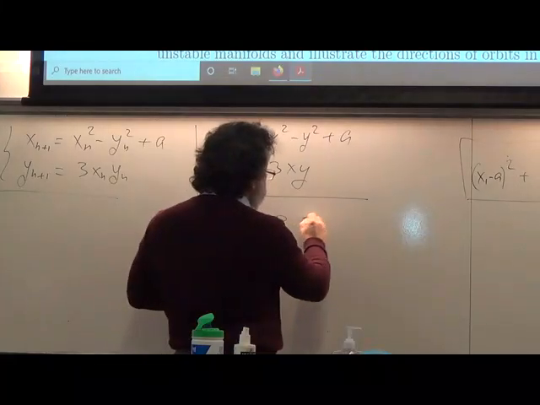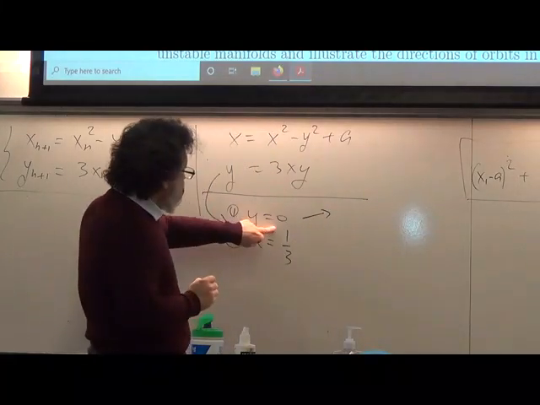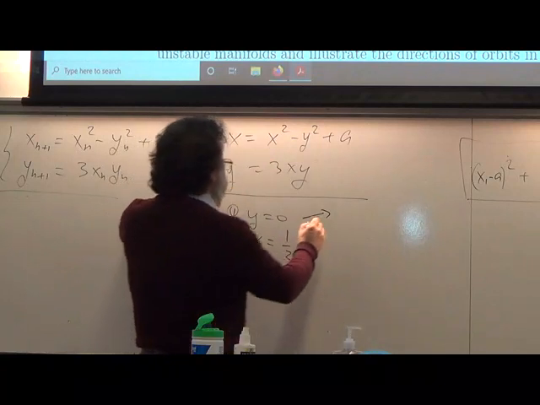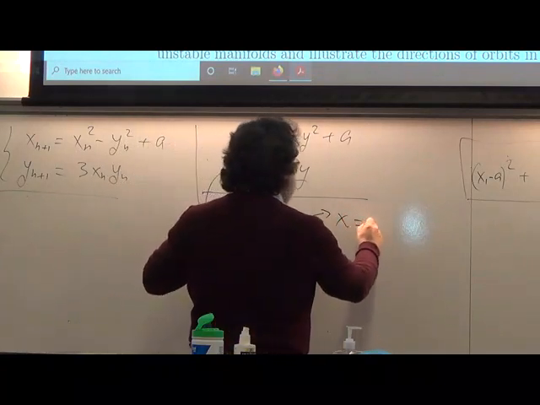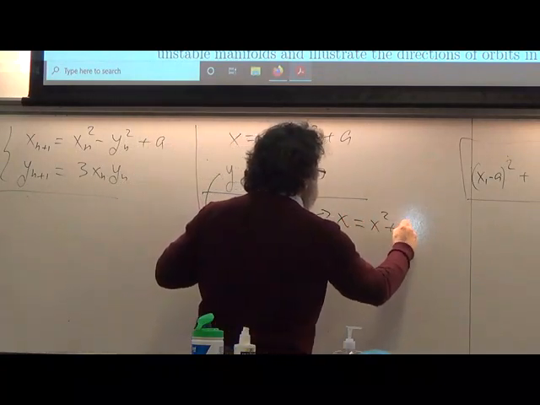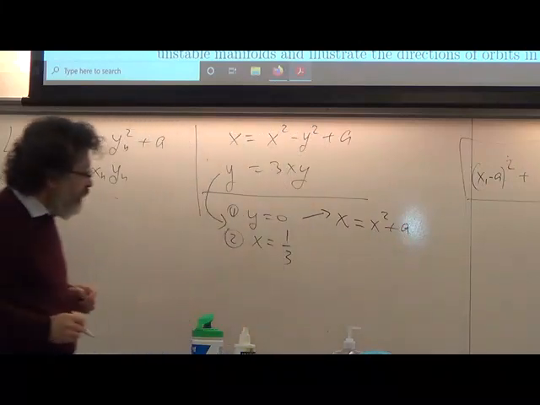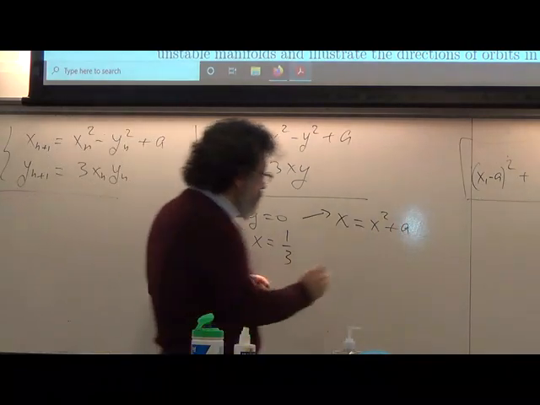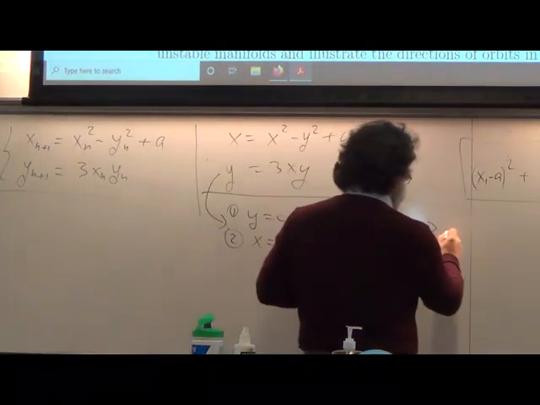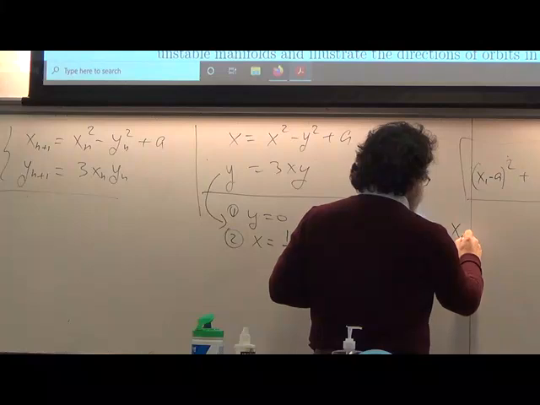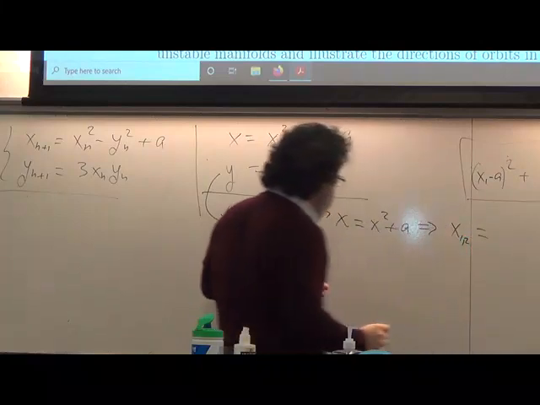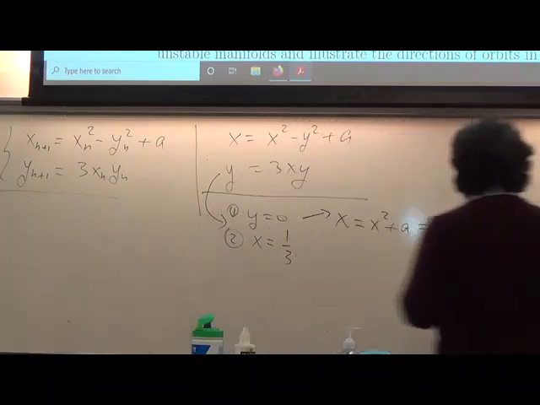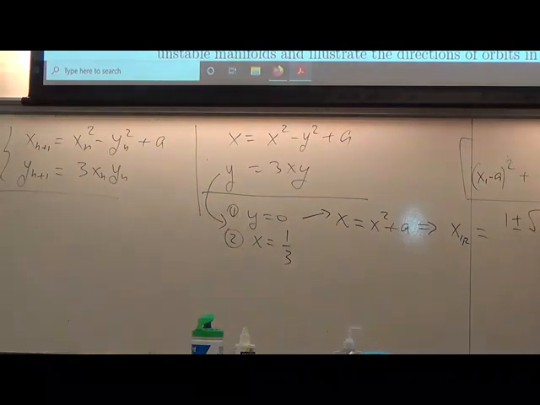Now to satisfy the first equation, we put y equal to 0, and we get x equals x squared plus a, which means that x squared minus x plus a equals 0. And from here x1,2 equals 1 plus minus square root of 1 minus 4a, over 2.